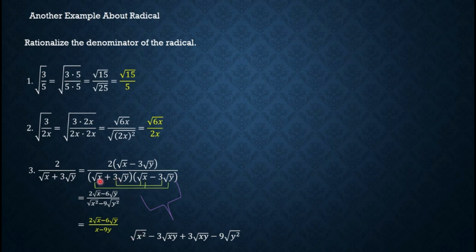Then square root of x times negative 3 square root of y is equal to negative 3 square root of xy. 3 square root of y times square root of x is equal to positive 3 square root of xy. 3 square root of y times negative 3 square root of y is equal to negative 9 y. The middle terms cancel, and negative 9 y squared also cancels.